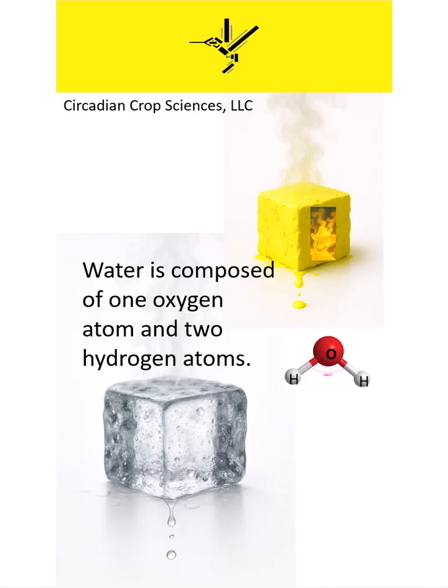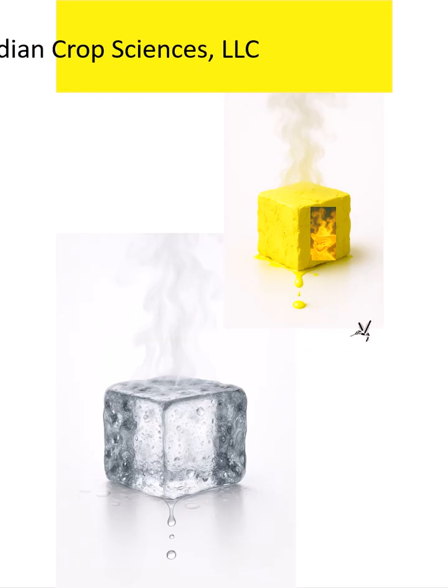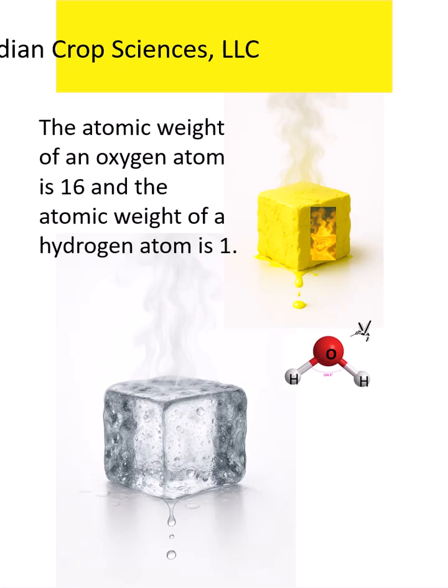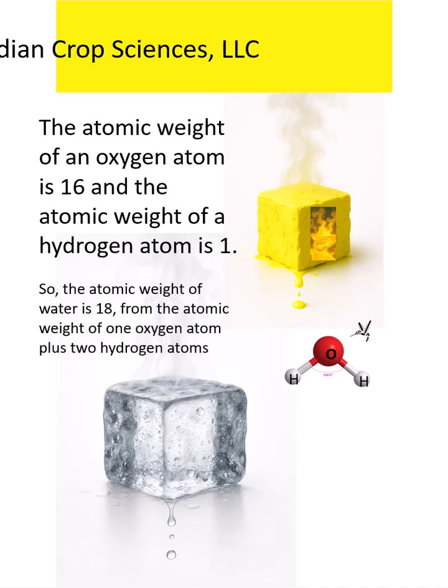Water is composed of 1 oxygen atom and 2 hydrogen atoms. The atomic weight of an oxygen atom is 16, and the atomic weight of a hydrogen atom is 1. So the atomic weight of water is 18, from the atomic weight of 1 oxygen atom plus 2 hydrogen atoms.